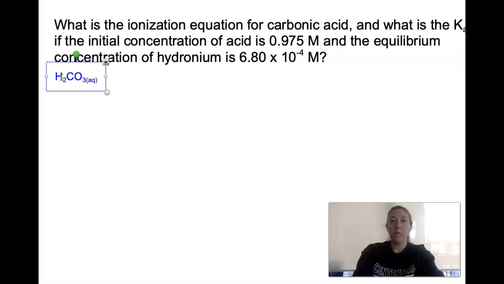Okay, so even though this is a polyprotic acid, right, it has two H's, whenever we're doing K calculations, we're only ever going to take the first hydrogen off. We're never going to do multiple steps because there are different Ks between the first one and the second one.